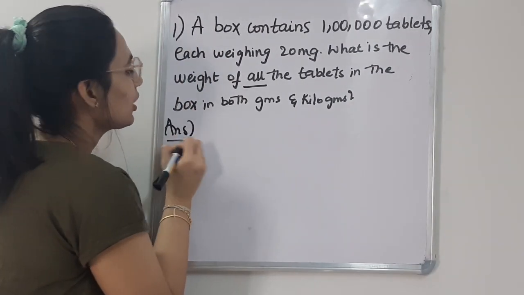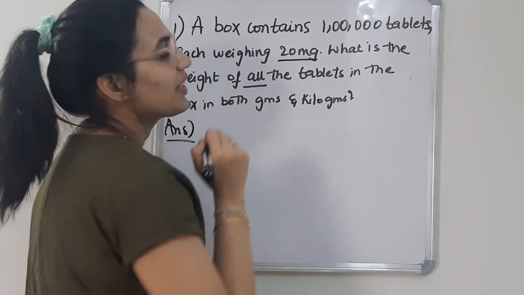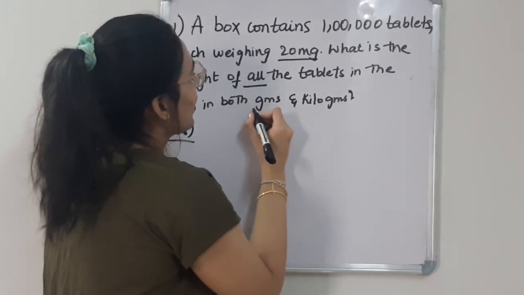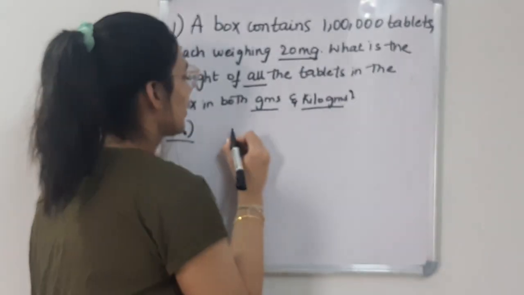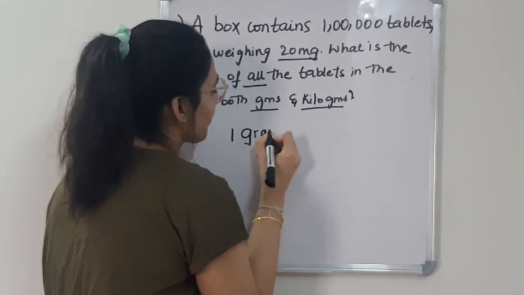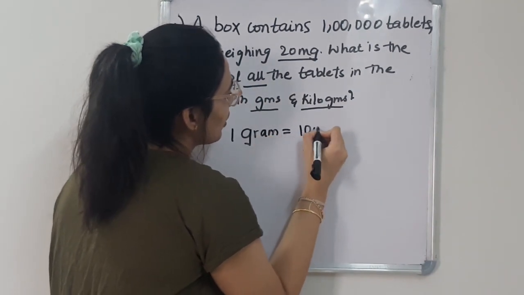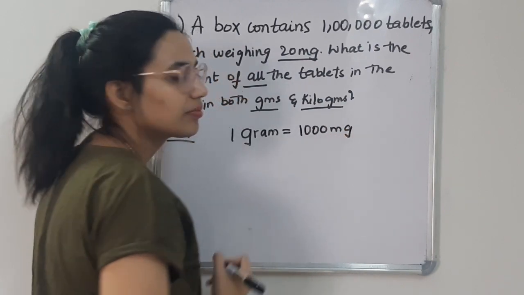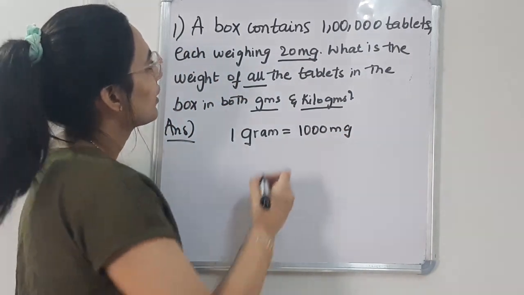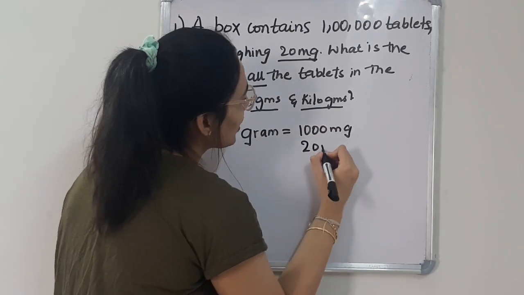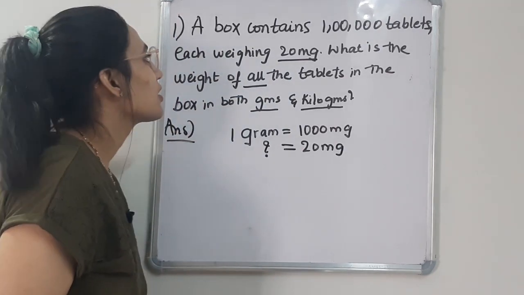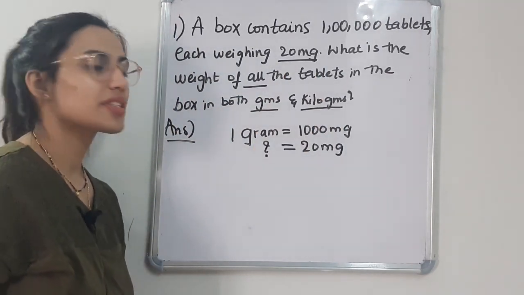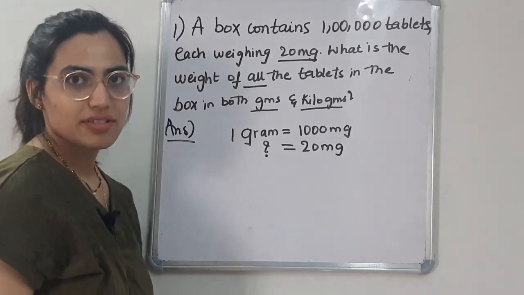Now, you can see 20 milligrams here, right? They are asking you the answer in grams and kilograms. We know that 1 gram is equal to 1000 milligrams, right? Now what is 20 milligrams equal to? Because we want to convert 20 milligrams into grams.